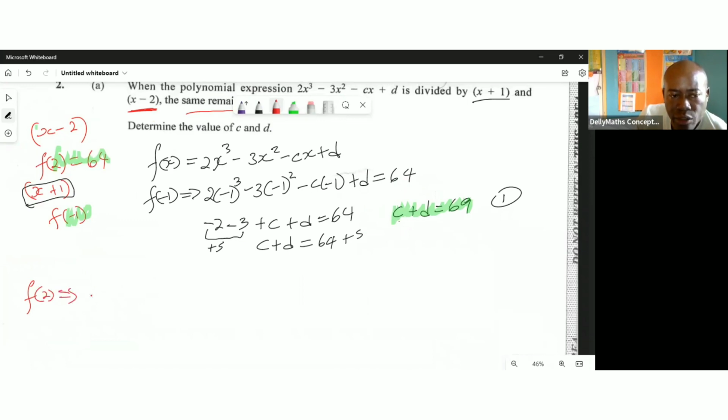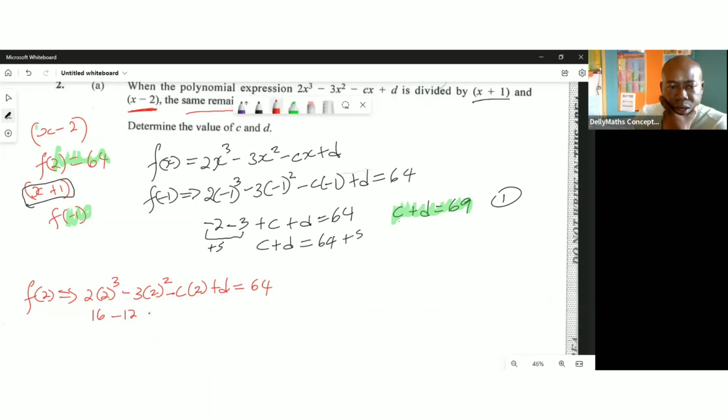So we're looking at 2, open bracket, 2 to the third, minus 3, open bracket, 2 squared, minus c times 2 plus d, and this should equal 64 as stated. All right, so here goes. 2 to the third is 8 times 2, that's 16. 2 squared is 4, times 3 is 12.